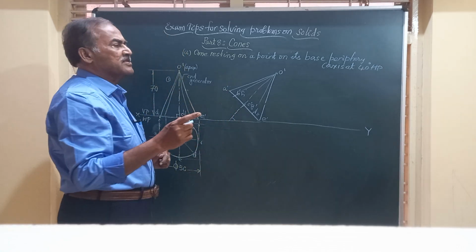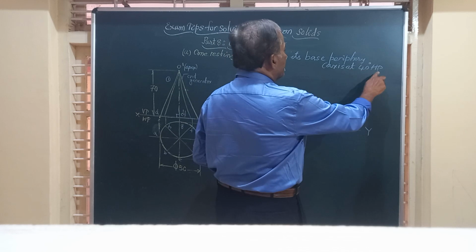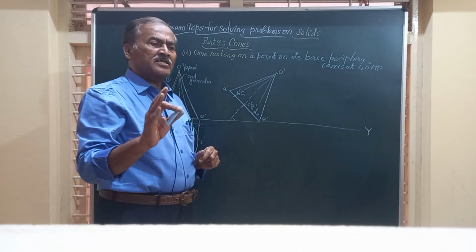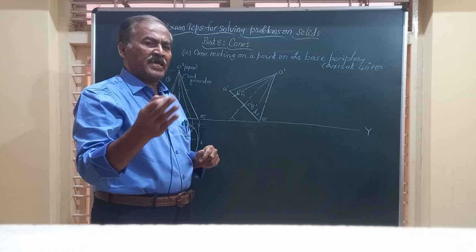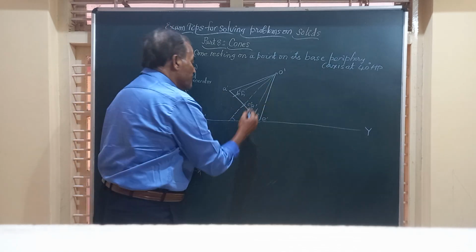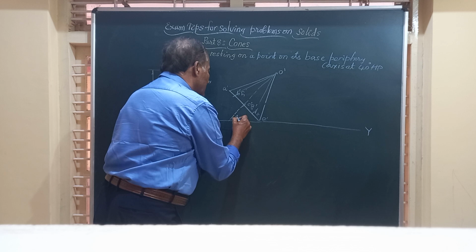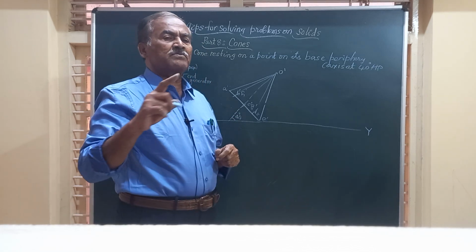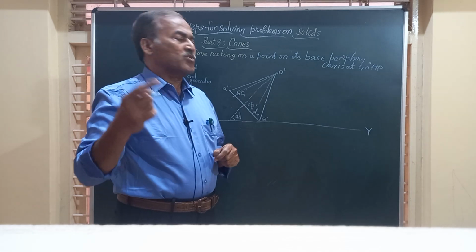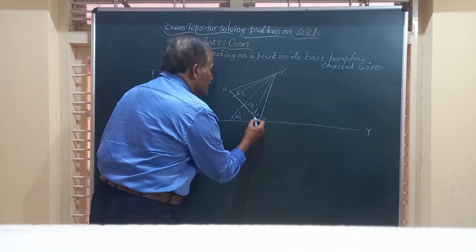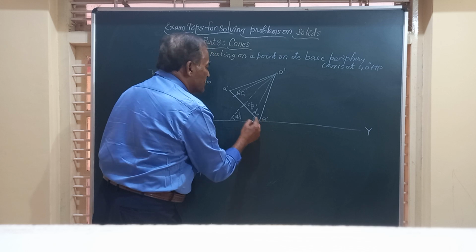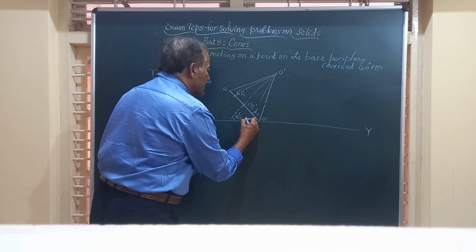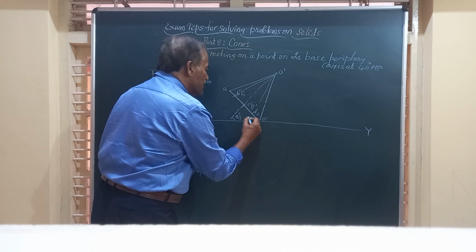Suppose in the question the axis is inclined at 40 degrees to HP, and you know very well the inclination of the axis to HP can be seen in the front view. This is what they have given: 40 degrees to HP. Or the same position may be retold as that the base of the solid, this complete line, is at an angle of 50 degrees to HP.